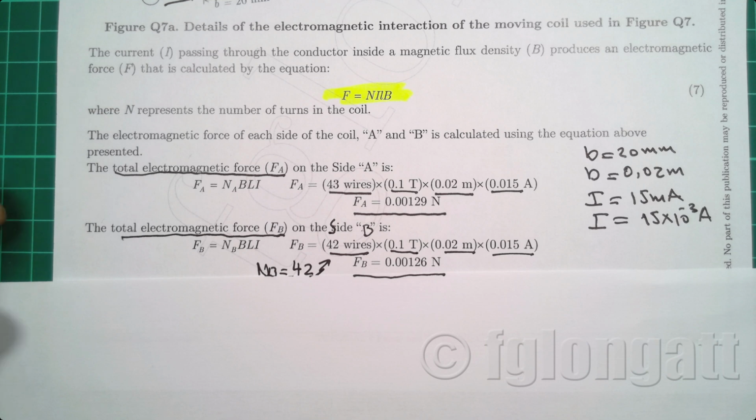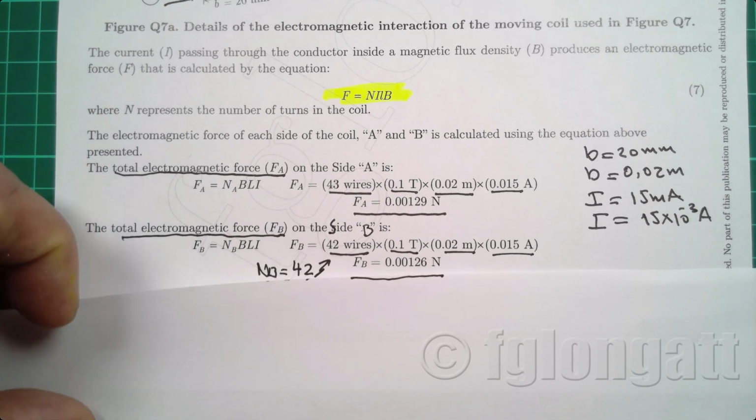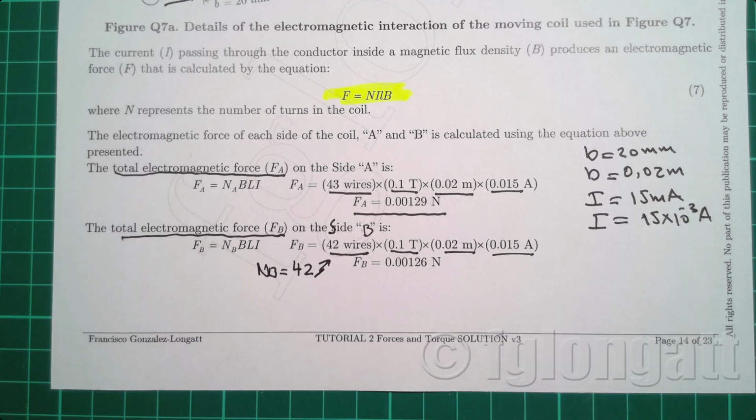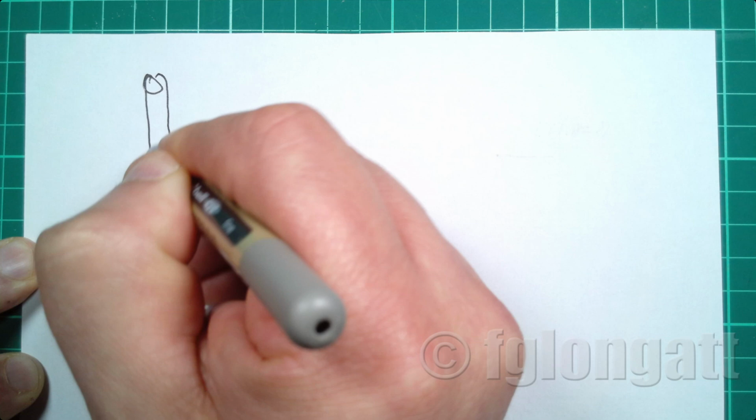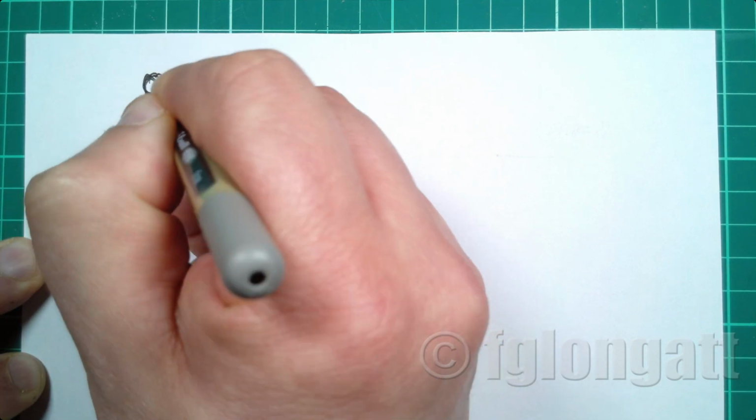But now what is important that you understand is that those forces, let me do something here. Those forces over here, remember we have here the coil, and we have those forces.